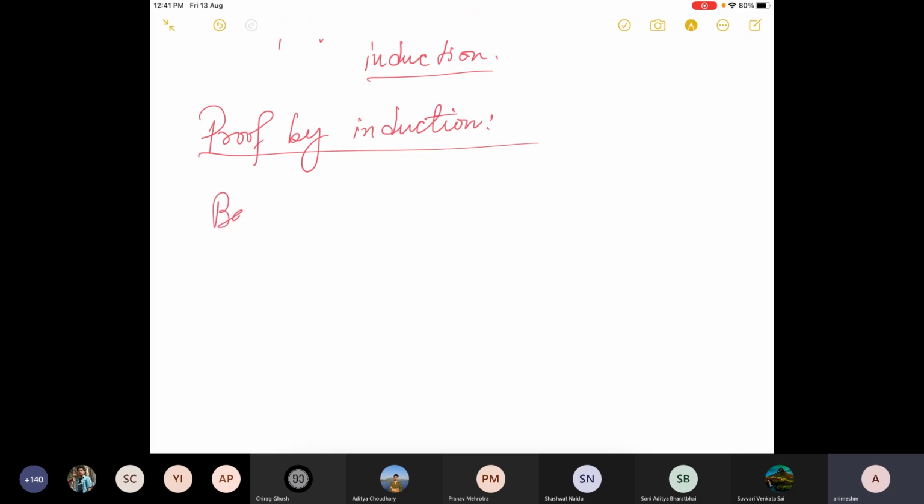So the base case: as we said, n has to be greater than or equal to 2. So if you see, T2 is how much? 3, right?